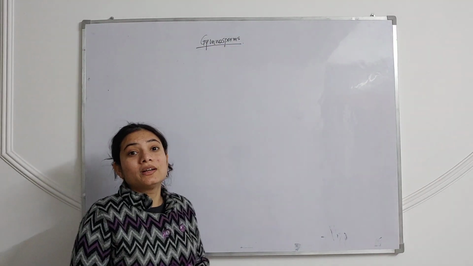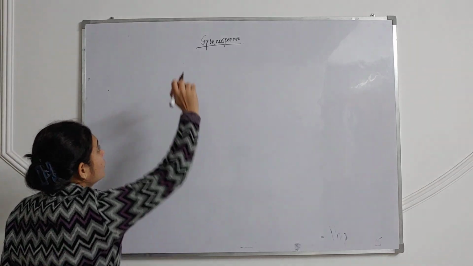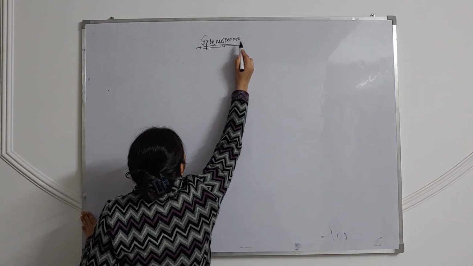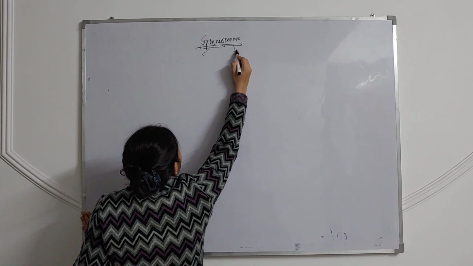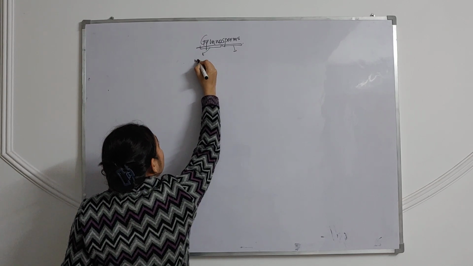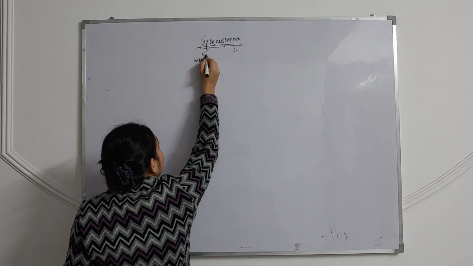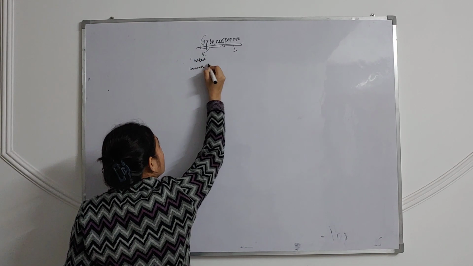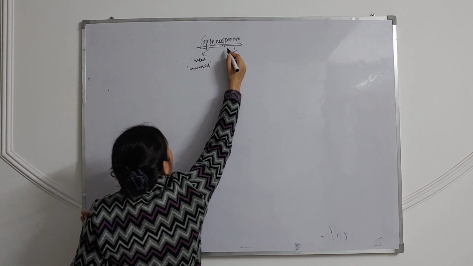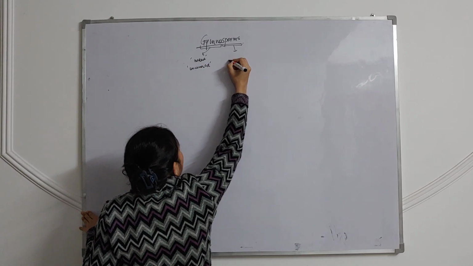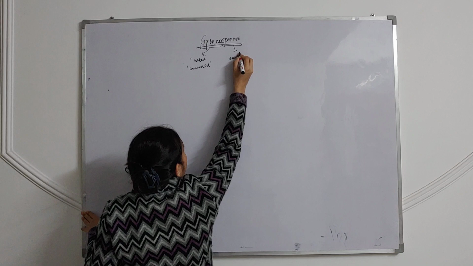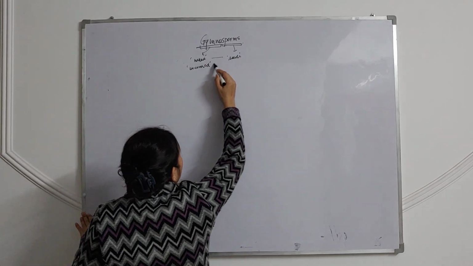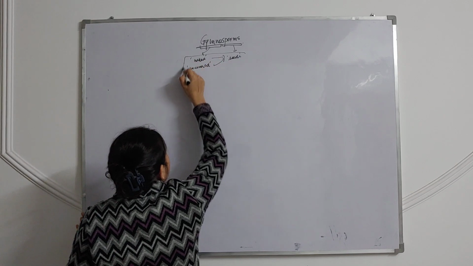So first of all, what are gymnosperms? Gymno means naked or uncovered. Sperma means seeds. Naked seed or uncovered seeds.